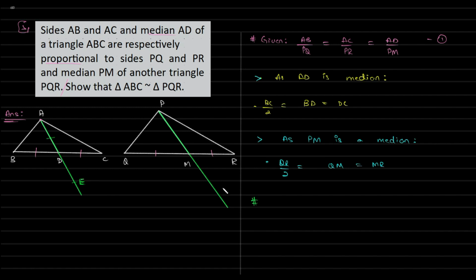And we have 1/2 somewhere over here. So PM is equal to MN. So this length is equal to this length, that is PM is equal to MN, and AD is equal to DE. So that's the construction we have to do, and then just join them.